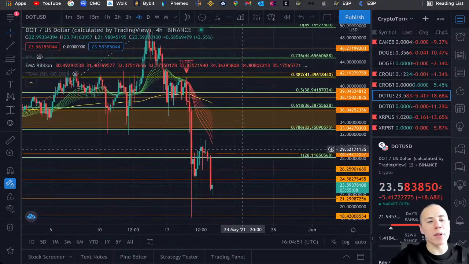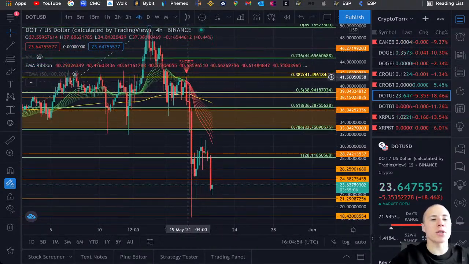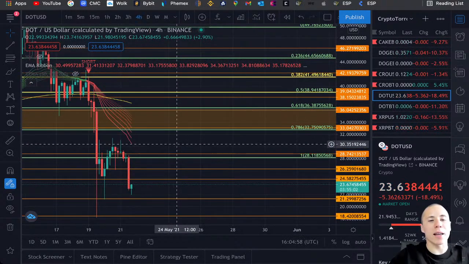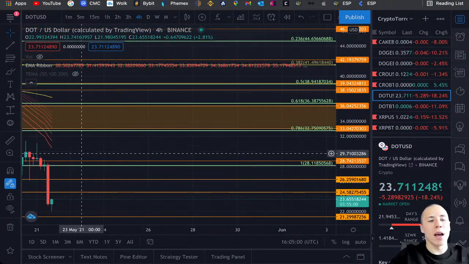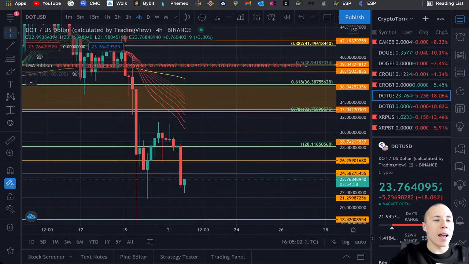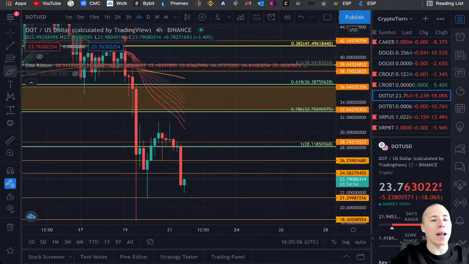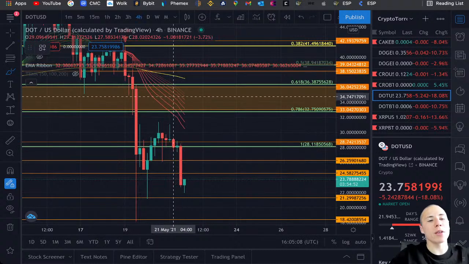And what the EMA ribbon is telling us is that the shorts took over the longs, and the EMA ribbon is currently acting as resistance on the upper area, and we haven't tested this resistance yet. So this is something I'm personally also worried about.